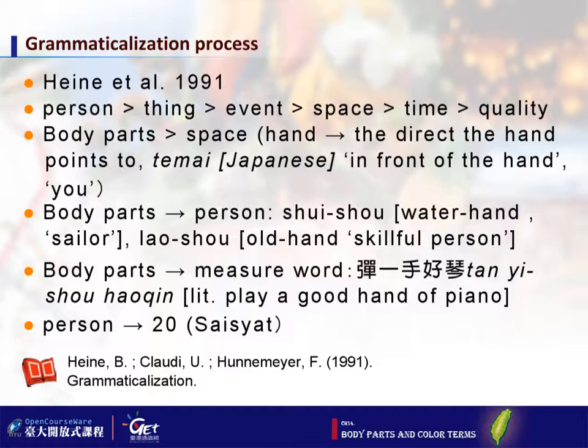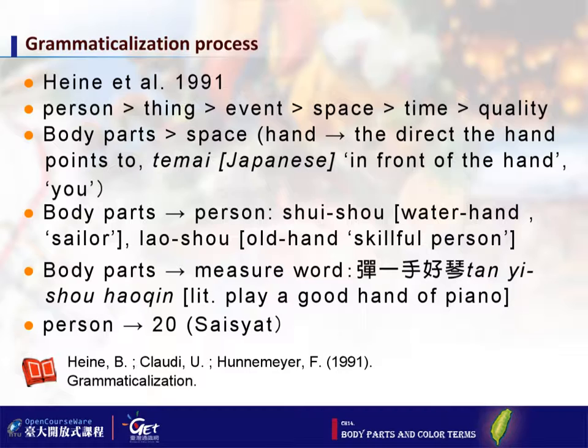That is, they probably start from much more concrete concepts, and then through time develop into much more abstract concepts. That's Heine et al. 1991, which shows that there's a grammaticalization process that all started with the most concrete or tangible things like person and thing. These are things that we form our concepts from.